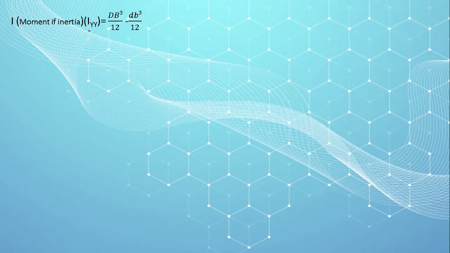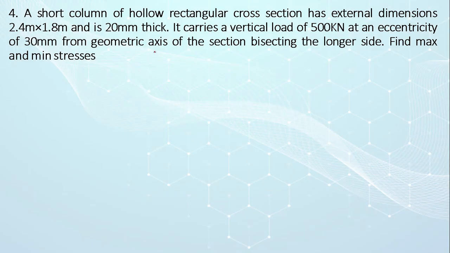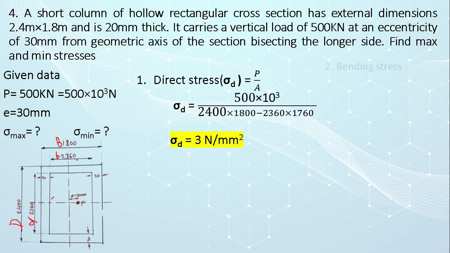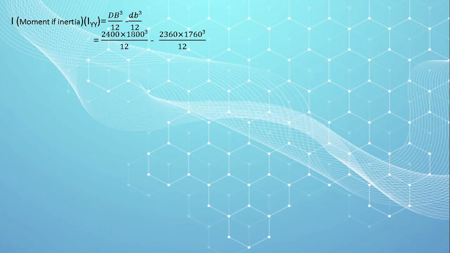Now for I, moment of inertia about y axis, capital D B cube divided by 12 minus small d b cube divided by 12, whereas capital D is this 2400 and small d is 2360, capital B is 1800 and small b is 1760. So for moment of inertia, put all these values.